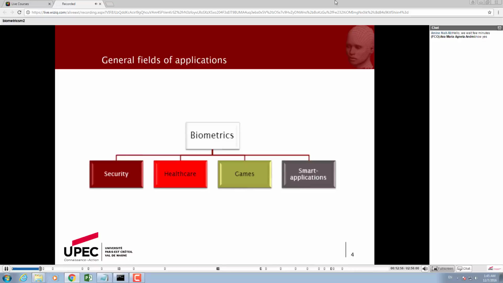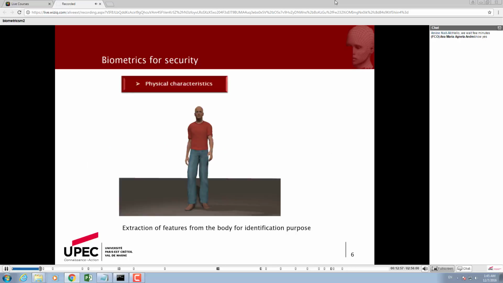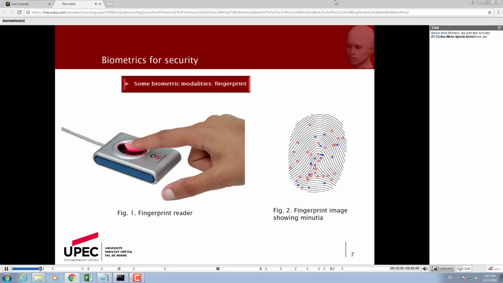We discussed a little bit about the fingerprint, because I will give you a document on fingerprints, especially a document where it's described how we can process fingerprints.